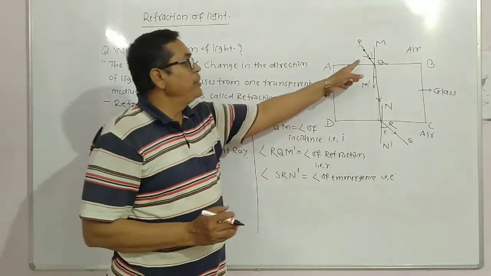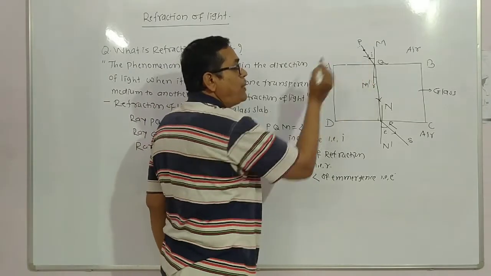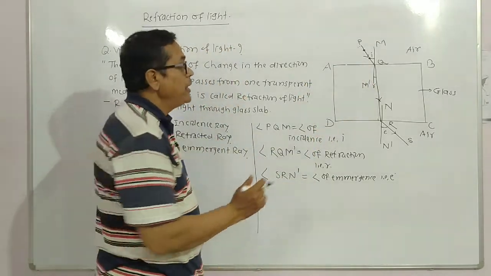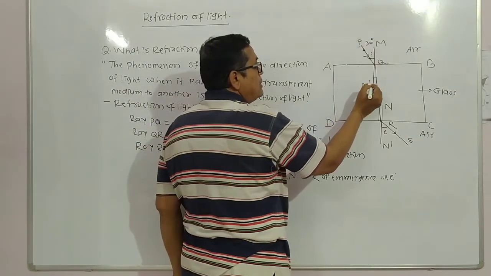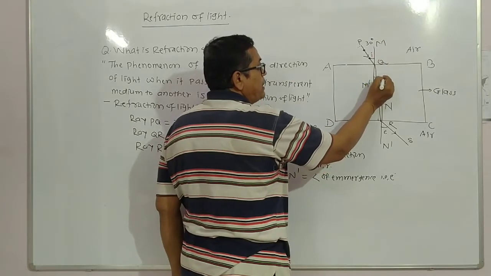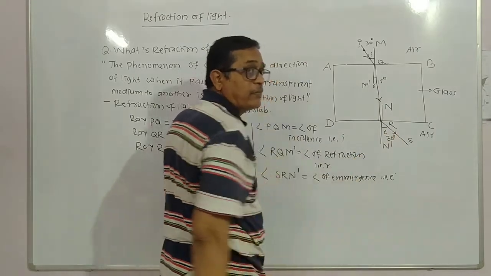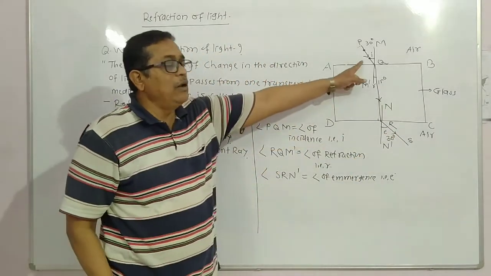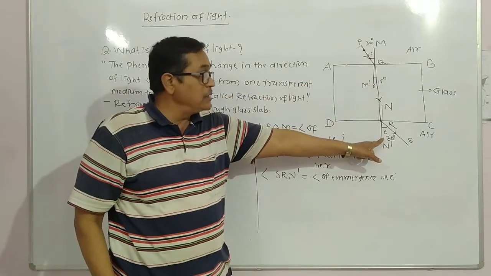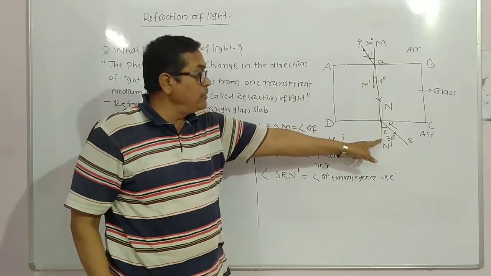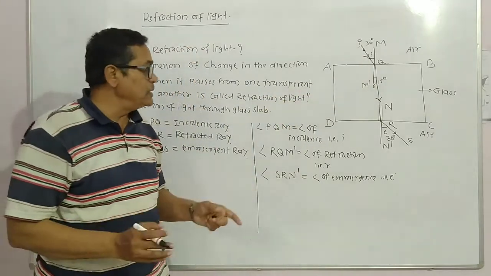Look here, we measure these angles: the angle of refraction is half of the angle of incidence. If the angle of incidence is 30 degrees here, then the angle of refraction is 15 degrees and the angle of emergence is 30 degrees. Means in this way, the angle of incidence is equal to the angle of emergence, and the angle of refraction is half of the angle of incidence.